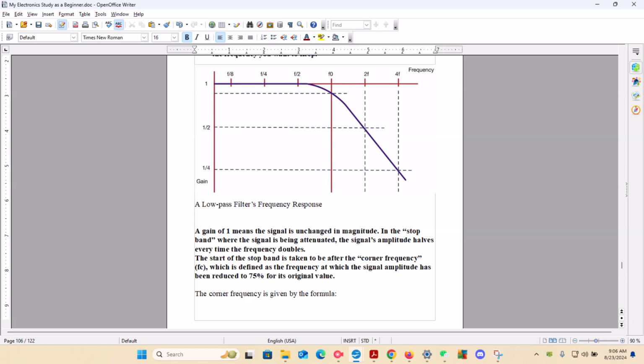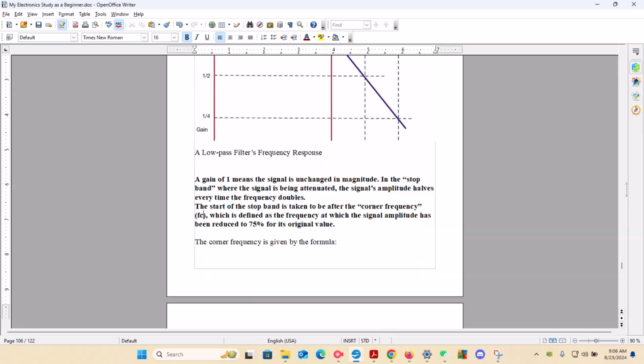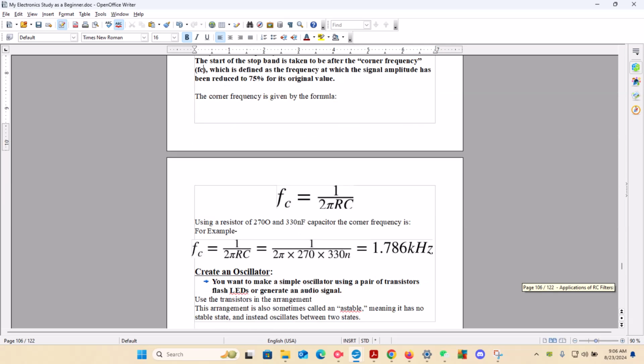The corner frequency is given by this formula, F subscript C equals 1 divided by 2 times pi times resistance times capacitance.